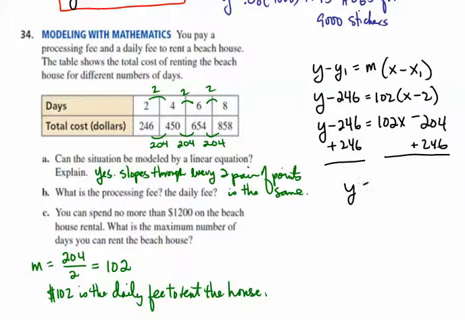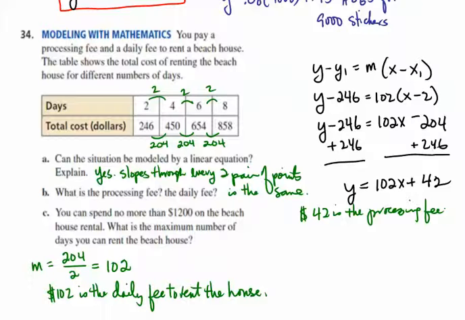When we do, we end up with y is equal to 102x plus 42. And what does that tell us? Well, we already know that $102 is the daily fee, and so therefore $42 is the processing fee.